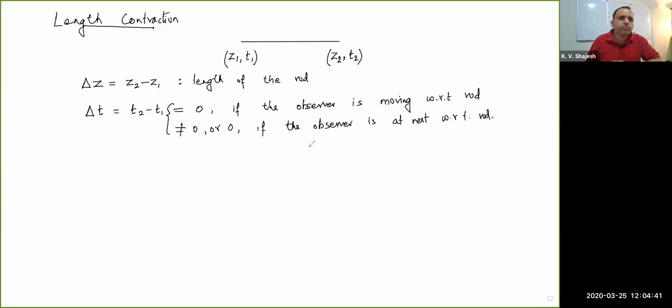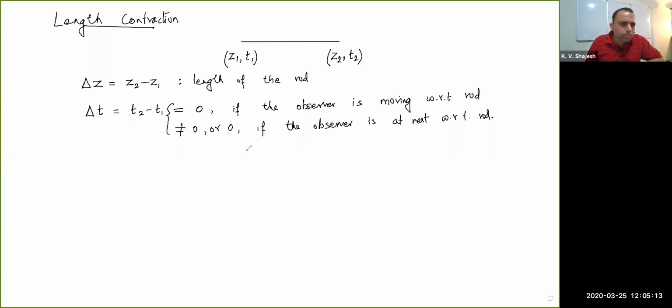That's the prescription for measuring the length of a rod. Again, if you're in a moving frame, that means the rod is moving with respect to you, the observer, then it is necessary to come up with a technique such that the two measurements, the position of the left end of the rod and the position of the right end of the rod, have to be measured at the same time.